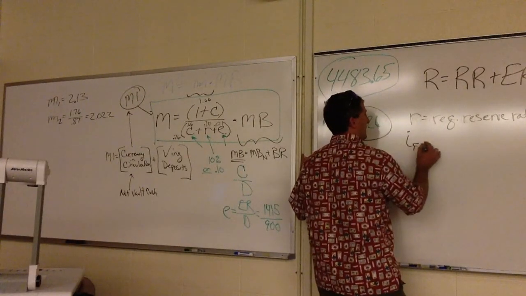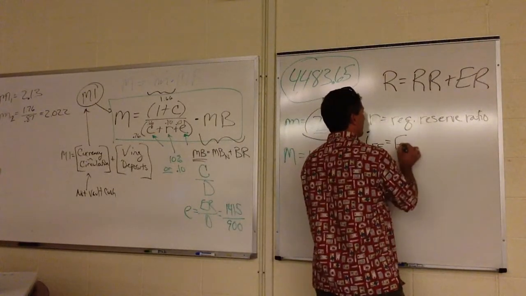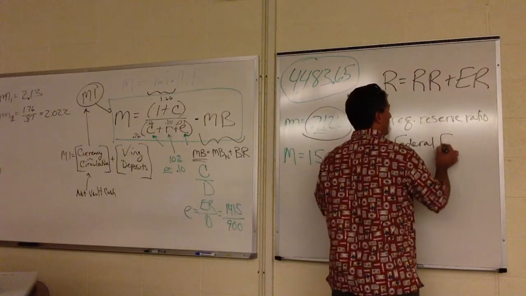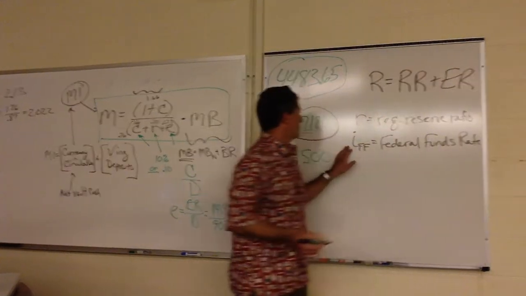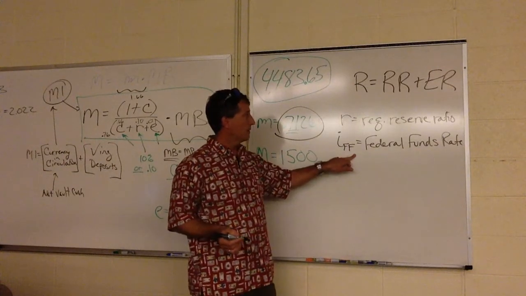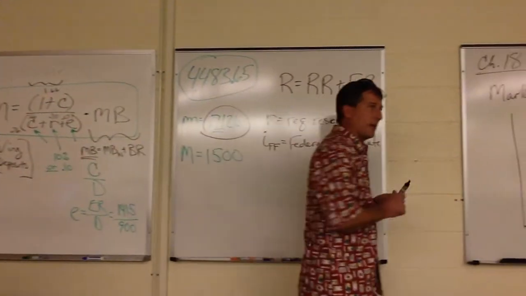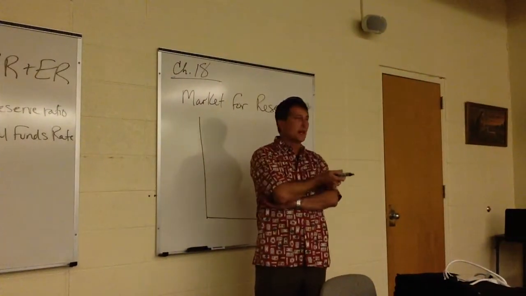Our new interest rate we're going to introduce that we've mentioned before is the federal funds rate, i_FF. Does anybody remember what that rate is? I think it's been mentioned a few times off and on.